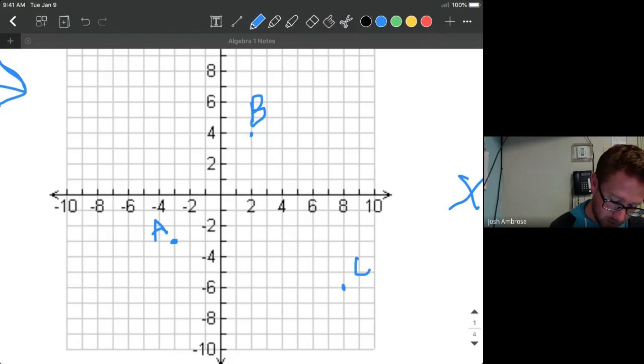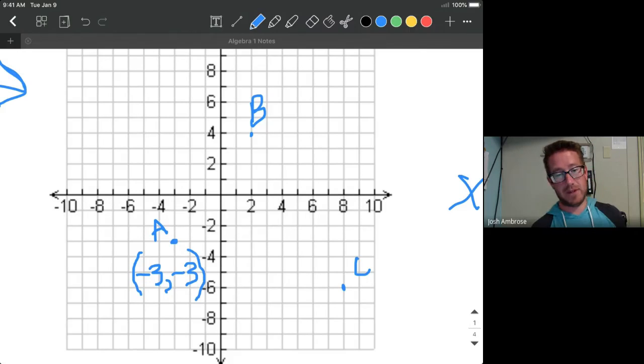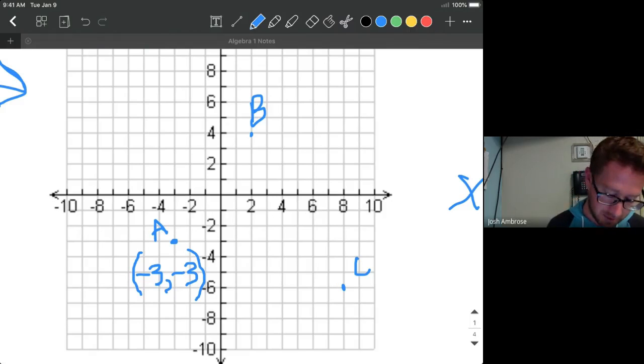And then we're going to go 1, 2, 3 times down. So what we are looking at is a value of negative 3, comma, negative 3, because we went to the left, which is negative, and then we are going down, which is also negative.